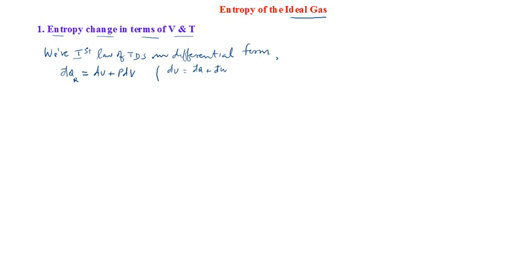On one side you have an exact differential, on the other side the sum of two inexact differentials. I retain d bar q as such because we need the heat, and for a hydrostatic system d bar w can be expressed as minus pdv. Minus pdv is taken to the other side, so you get du plus pdv.